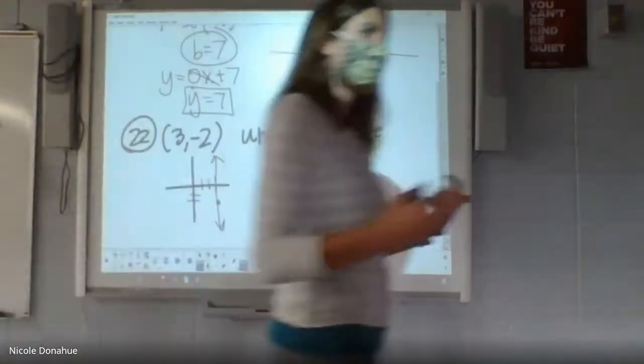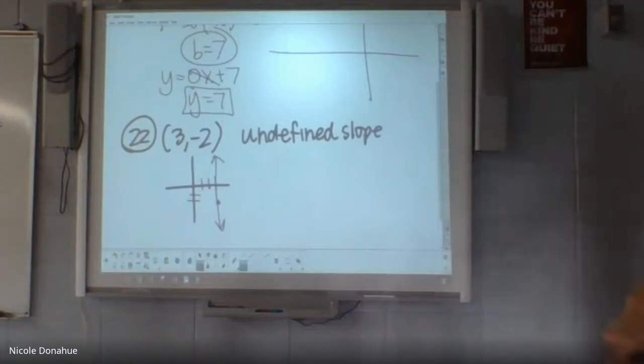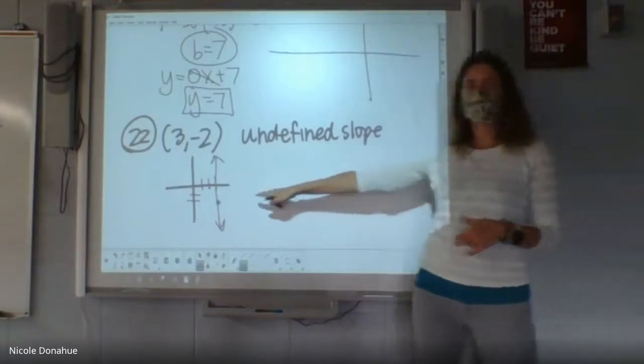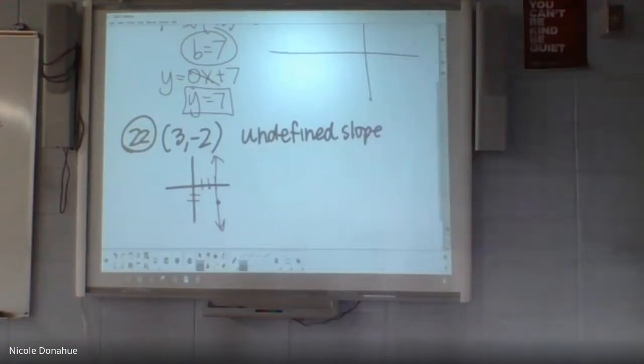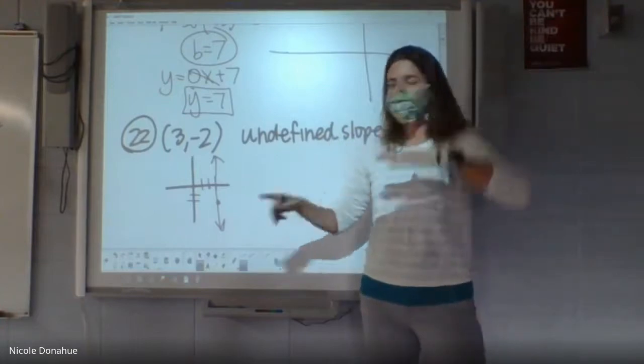So knowing that, and knowing what we just talked about in the last problem, anyone have an idea of what that equation is going to be in that case? So this was y equals 7. It's a flat line. What do you think this one's going to be? And you probably know from the answer key, but so y equals is flat.